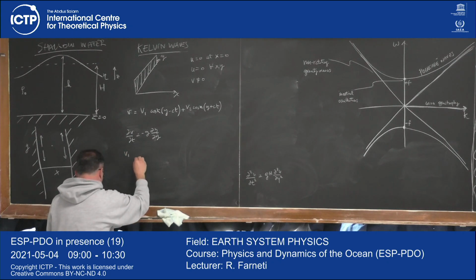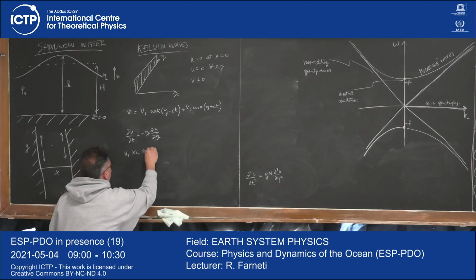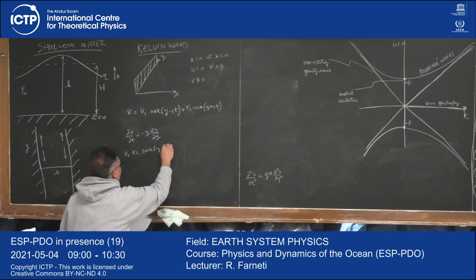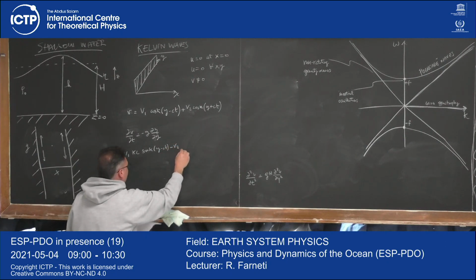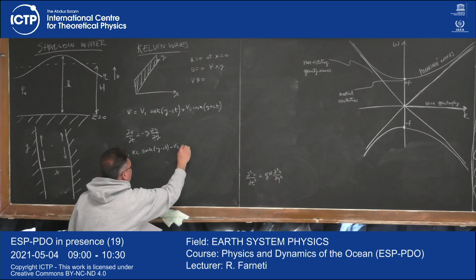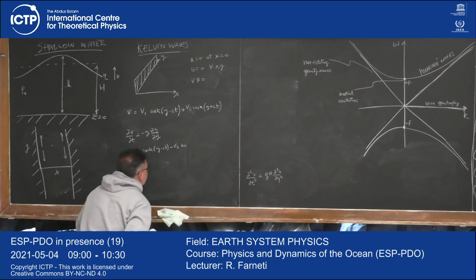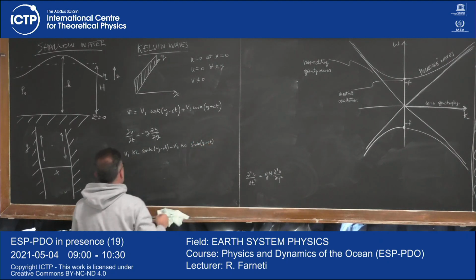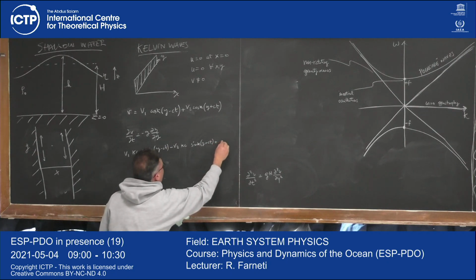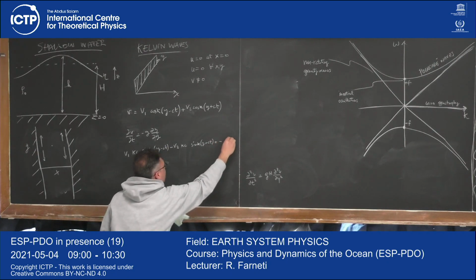V1 KC sine of K1 minus T, and the second solution is V2 KC sine of K1 plus CT, and that has to be equal to minus.